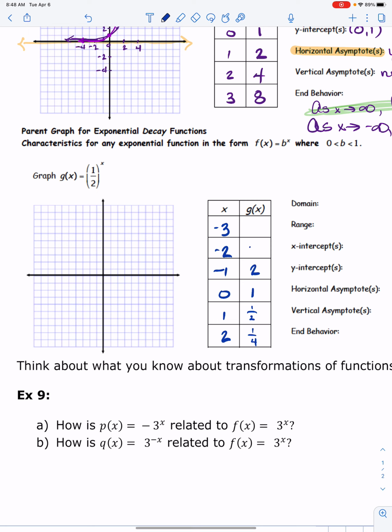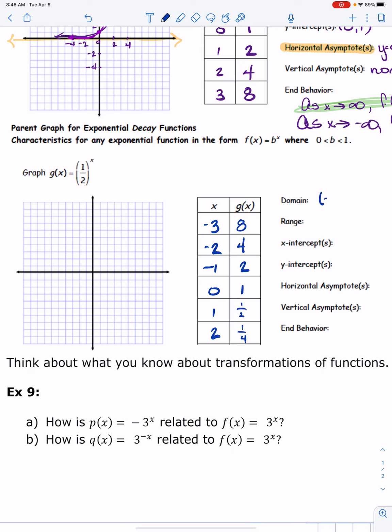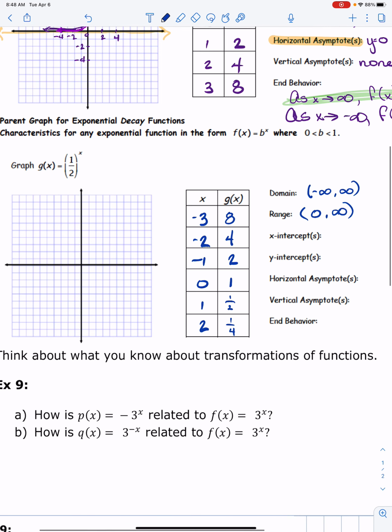I get 2, 4, and 8 here. Okay, this is still an exponential function. The domain is still -infinity to infinity. The range is still 0 to infinity. I still have no x-intercepts because it does not cross that x-axis. And my y-intercept is the point 0, 1.